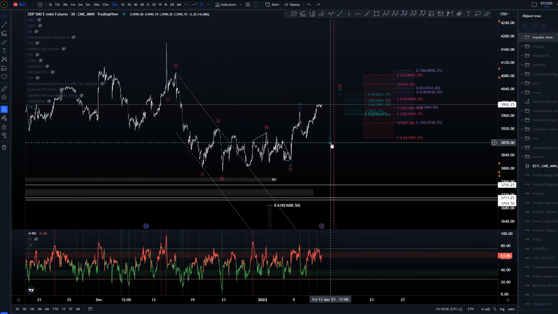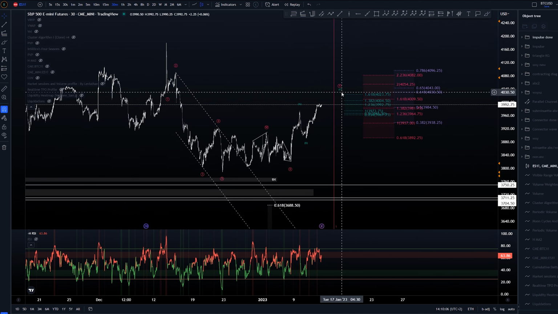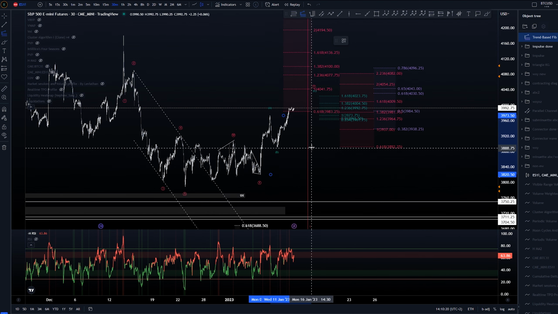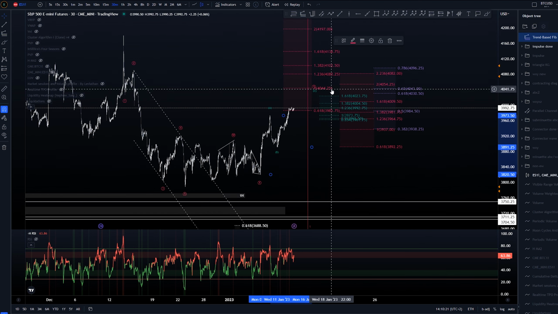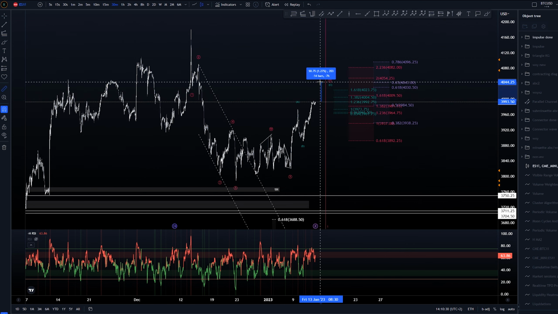It is possible that wave B was in here, and now wave C would be somewhere around in here. The other scenario that I'm currently thinking of, let's actually take a look at the extension targets first. Where's the 1-to-1? 1-to-1 is already all the way up in here, 4,044, which is quite far away still, 1.2%.